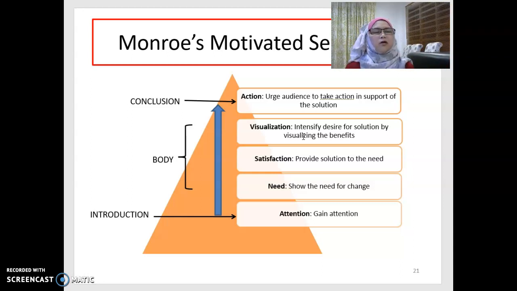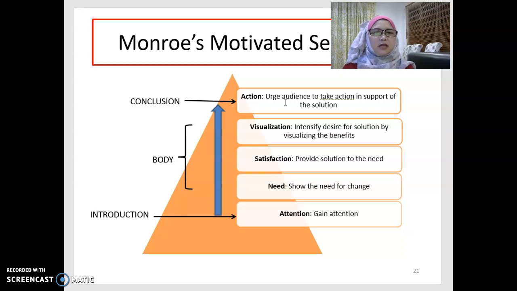Show them how refugees would cherish that amount of money, or how much they can do for the community who needs it. So visualization is very important here. This portion is the pathos, the emotional appeal.